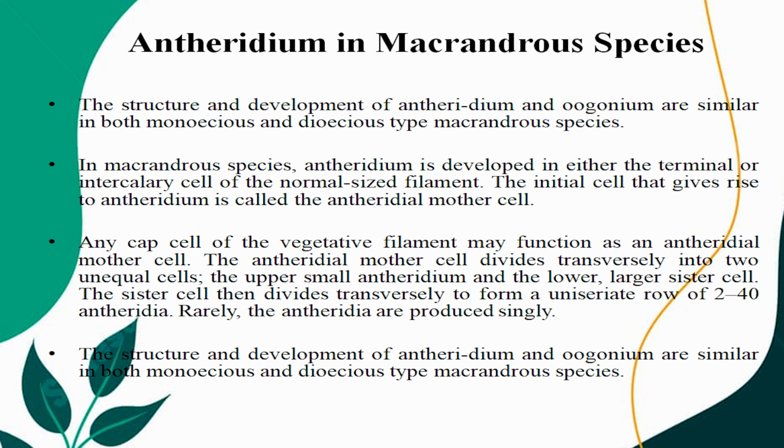The sister cell then divides transversely to form uniseriate rows of 2 to 40 antheridia. Rarely, antheridia are produced singly.